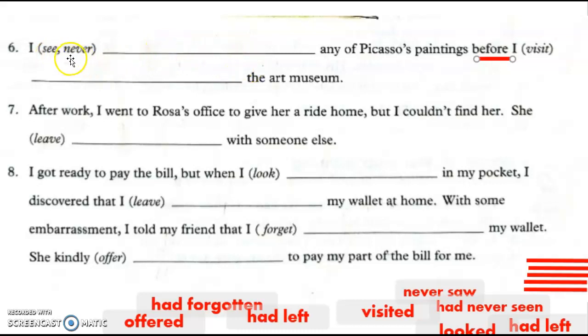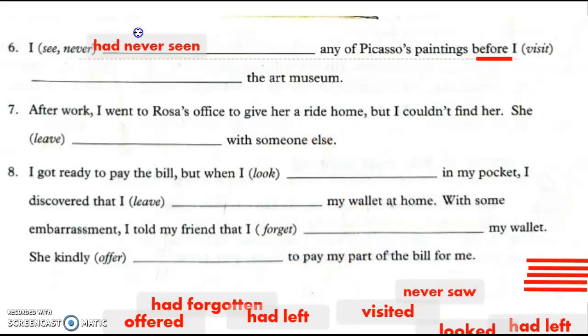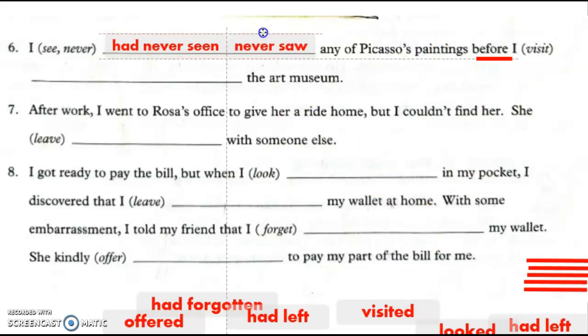So the verb never see should be in the past perfect because it's the oldest verb. However, since we have the expression of time before and the relationship between these two verbs is very clear and obvious, we can also use the simple past.